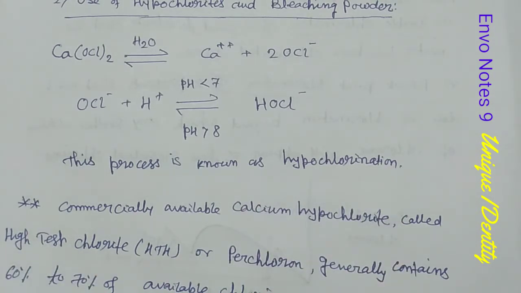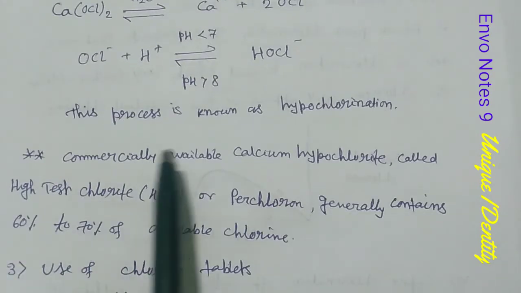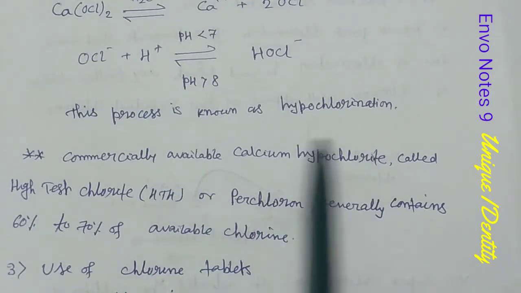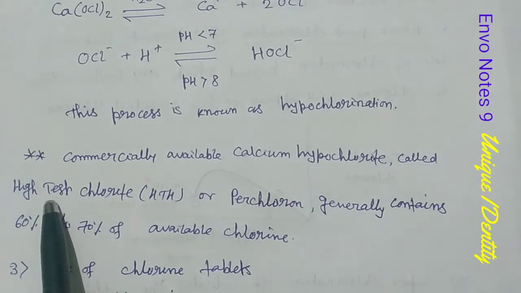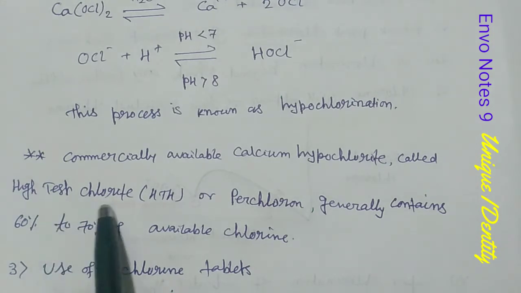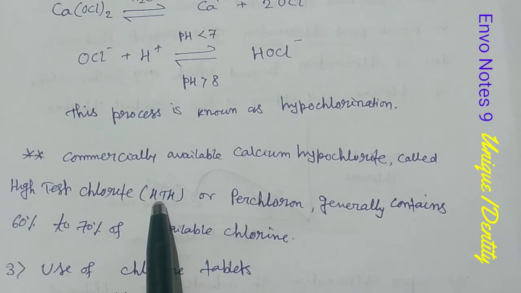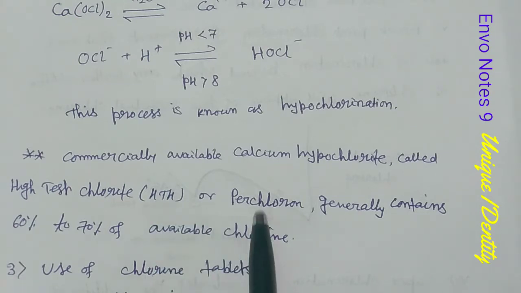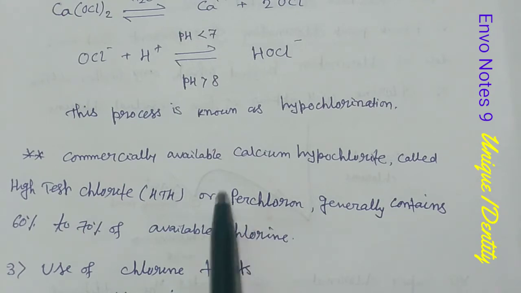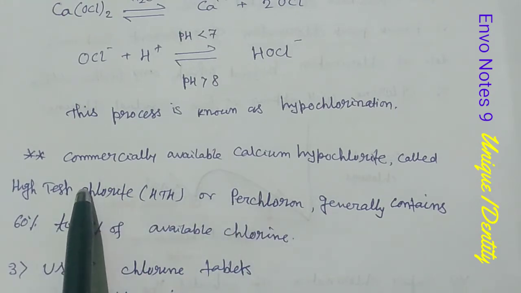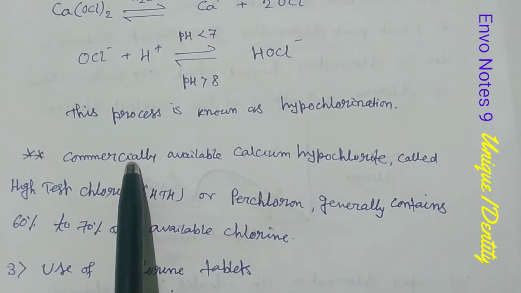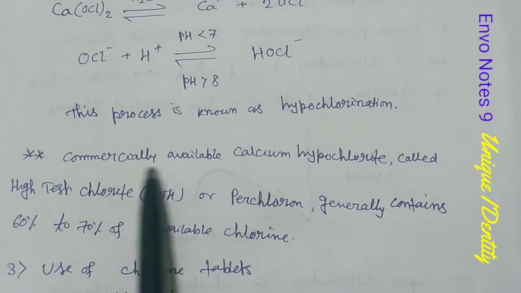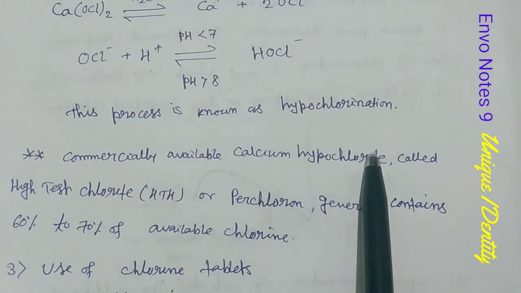Now, listen carefully. Commercially available hypochlorite is also called high test chloride, that means HTH, or perchloron. This term you should remember, what term is used for commercially available calcium hypochlorite.